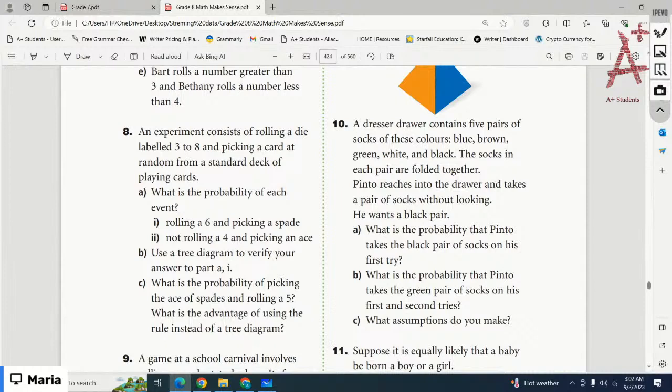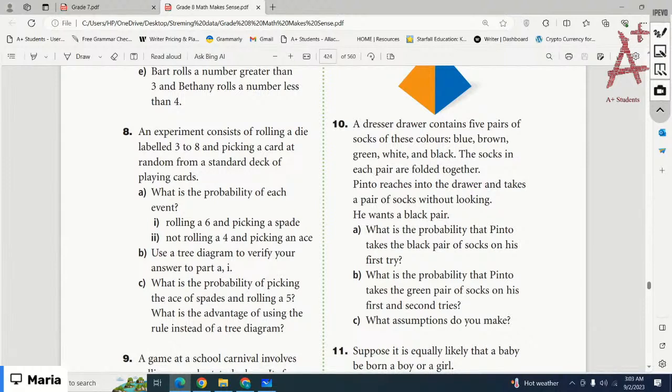The socks in each pair are folded together. Pintu reaches into the drawer and takes a pair of socks without looking. He wants a black pair. What is the probability that Pintu takes the black pair of socks on his first try? And the second one: what is the probability that Pintu takes the green pair of socks on his first and second tries? What assumptions can you make?